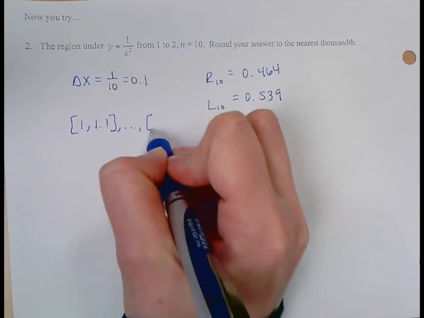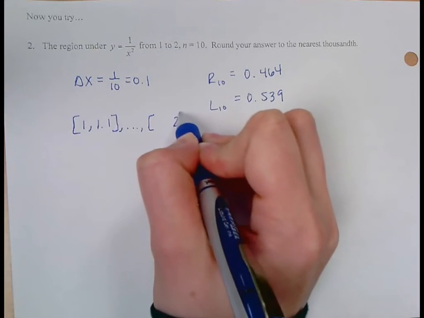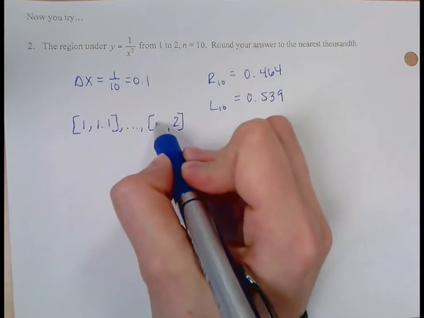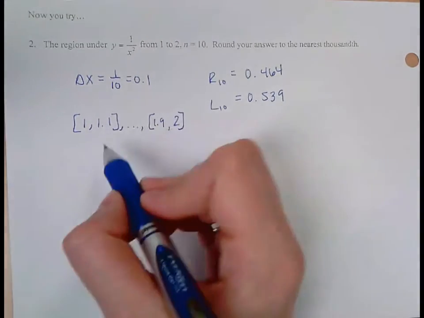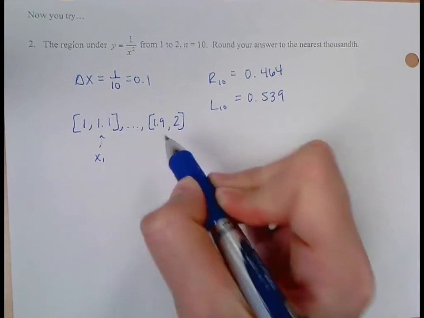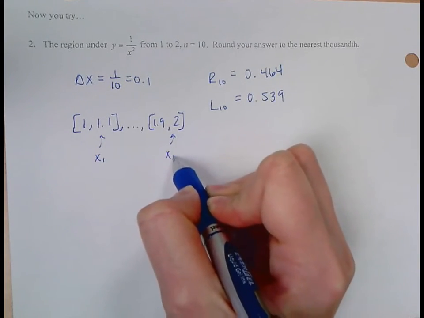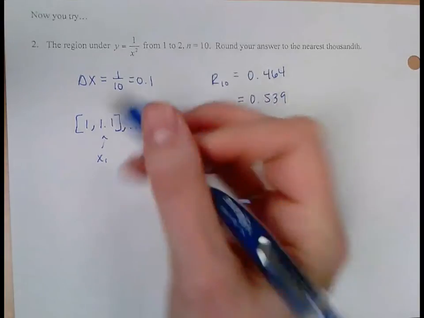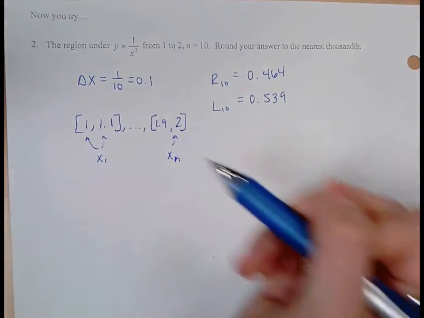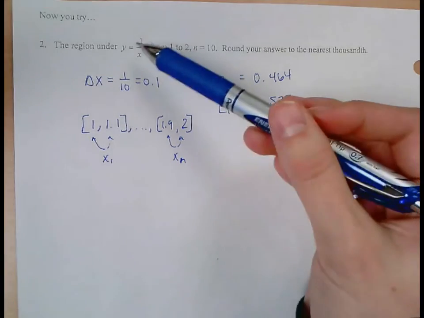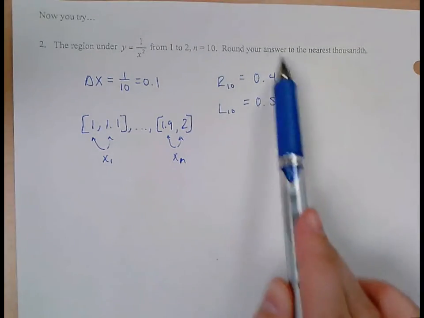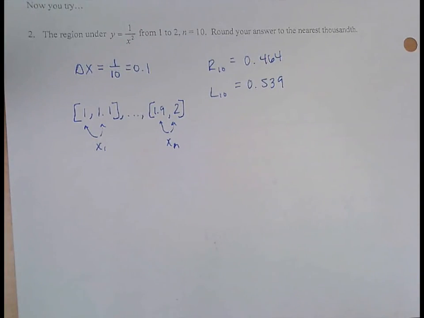Your last interval, if you're ending at 2, go back 0.1, you're at 1.9. So for the right endpoints, 1.1 is your x sub 1 and 2 is your x sub n. For left endpoints, 1 is your x sub 1, 1.9 is your x sub n. Okay, and then also make sure for your expression that you multiplied f of x by delta x. So if you aren't able to get these and don't know why, let me know.